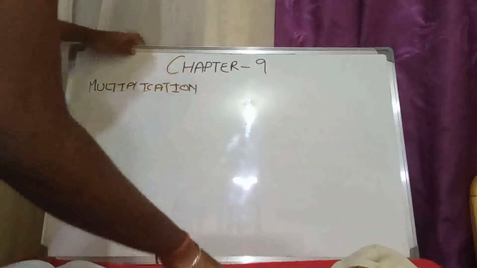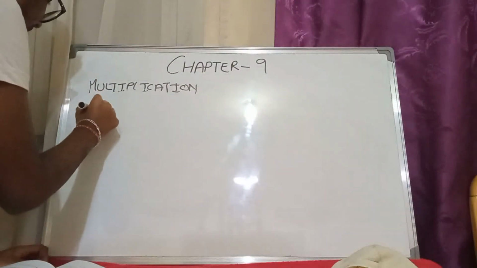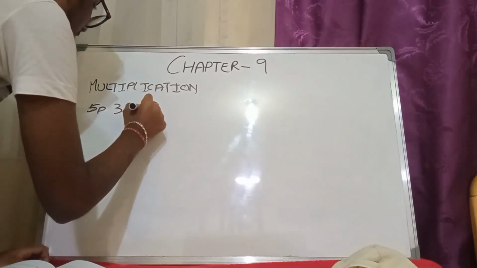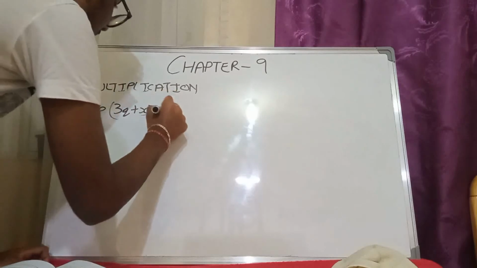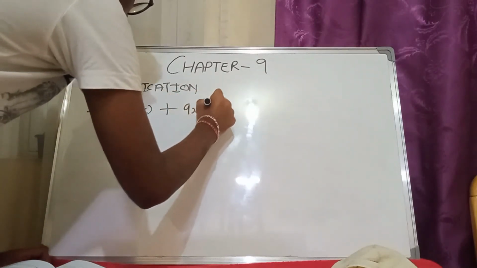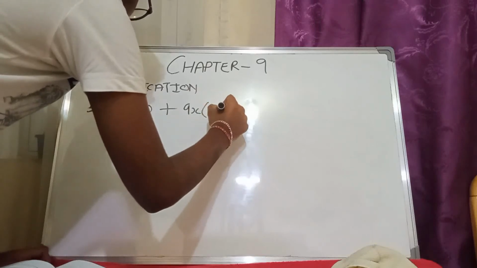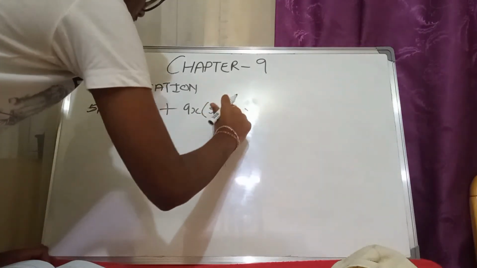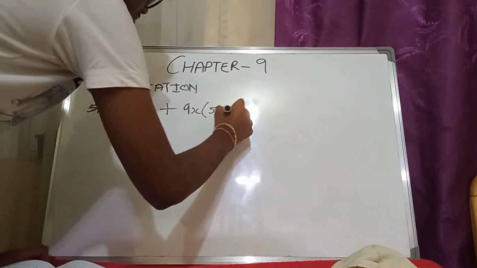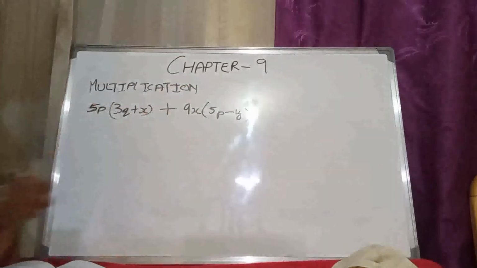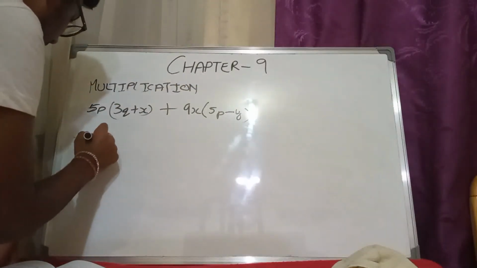Now we'll be seeing 5p into (3q plus x) plus 9x into (5p plus y). We'll change this into minus y. So what should we do? We should solve it like normal and then add.